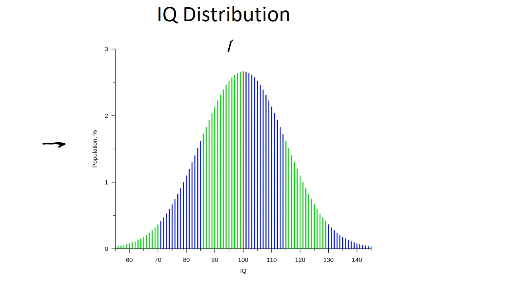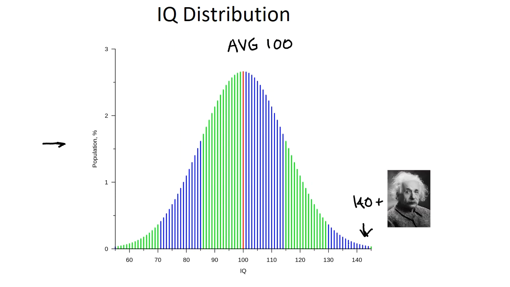So the average IQ according to this distribution, I'll abbreviate average as 100. We have very, very high IQs up here above 140. So 140 plus are very high, but there's not very many people with them. Very low percent of the population, about here, way below 1%.